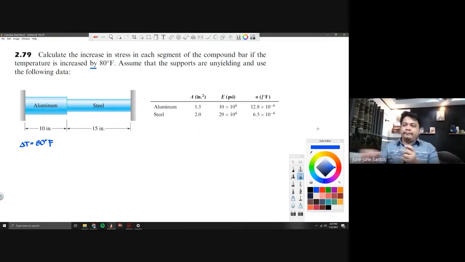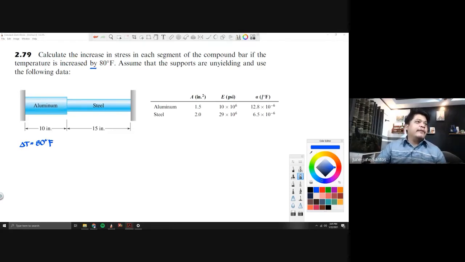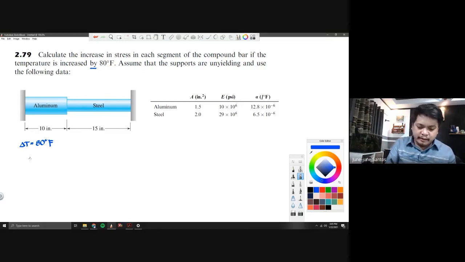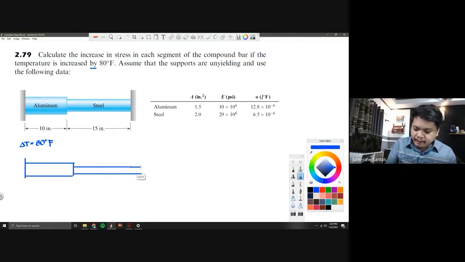Okay. Now, what will happen, like what we did earlier, we remove one support. Okay. So, we will remove the support. And what might happen is at this point, it elongates a little. And then that one also elongates a little.